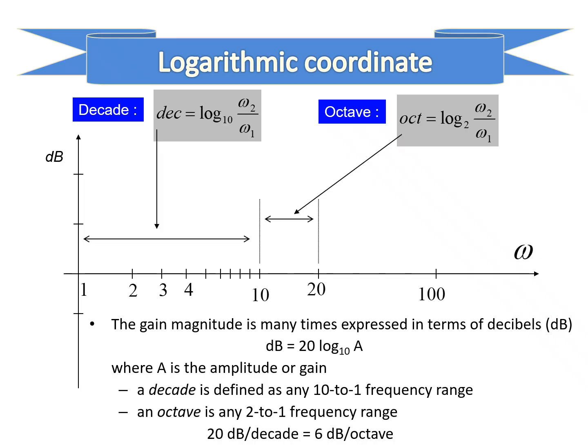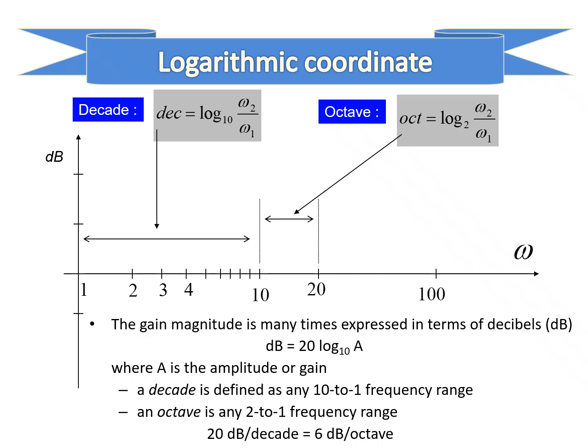From this figure we see that the gain magnitude is many times expressed in terms of decibels or dB. dB is equal to 20 log 10 A, where A is the amplitude or gain.